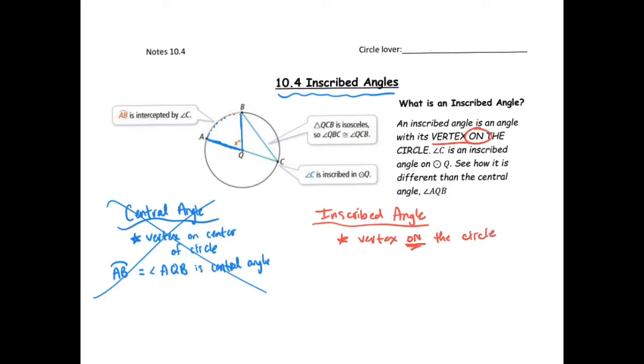And that means this angle right here, ACB, vertex C, and C is lying right on the circle. So angle C, or angle ACB, if you want to call it by its full name, would be an inscribed angle.